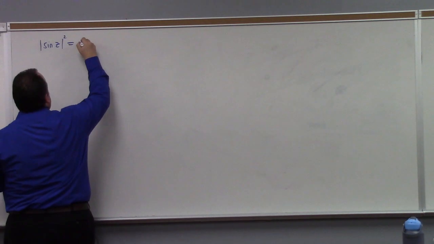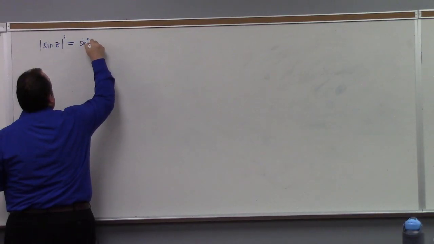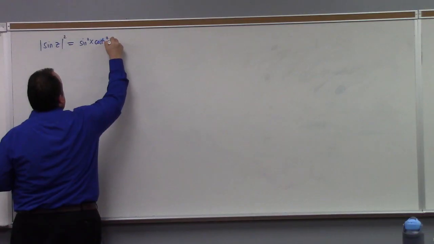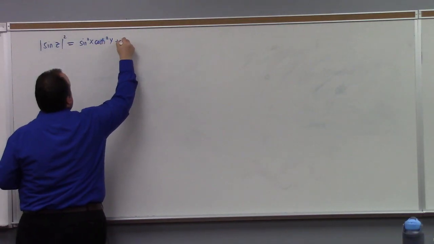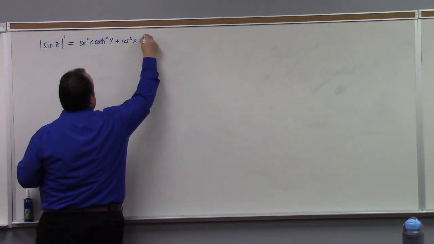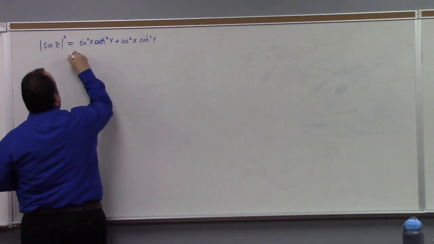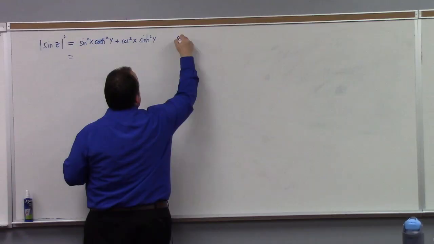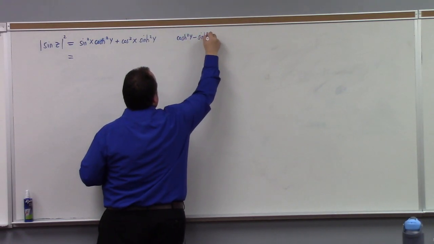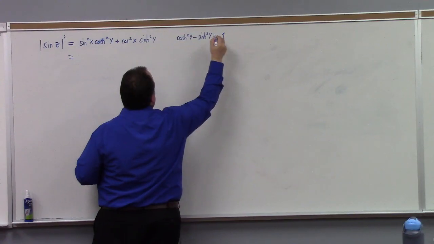We've got sine squared x cosh squared y, plus cosine squared x sinh squared y. Now remember that cosh squared y minus sinh squared y is equal to 1, right?